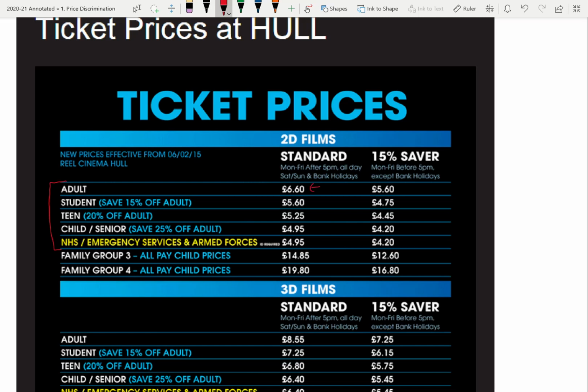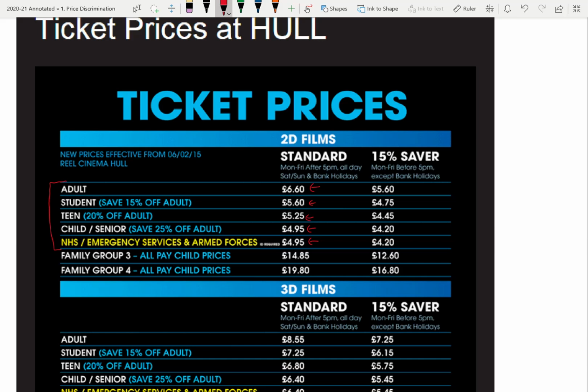And you can see then that the price of students, teens, children, and those from the NHS or emergency services and armed forces are all lower than the price for an adult. This is price discrimination because different prices are being charged on the basis of some observable indicator.